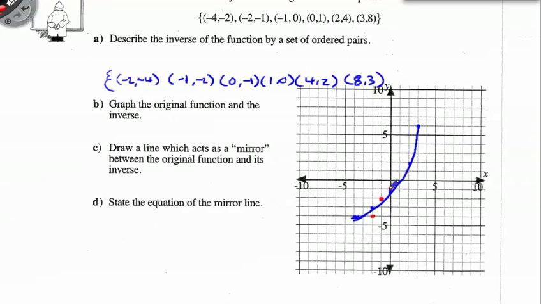We have 1, 0, we have 4, 2, and we have 8, 3. And plotting those points, we get this curve like this. And so on. That will continue down, I guess.